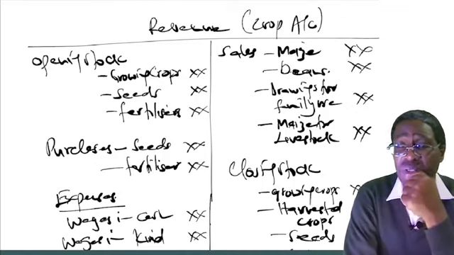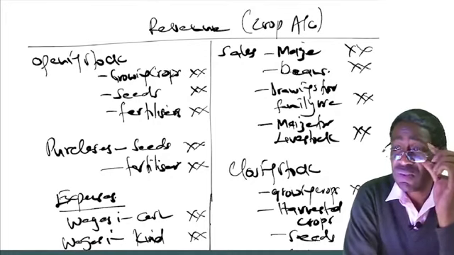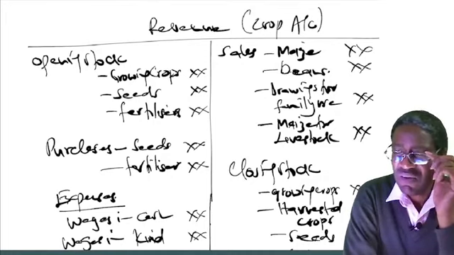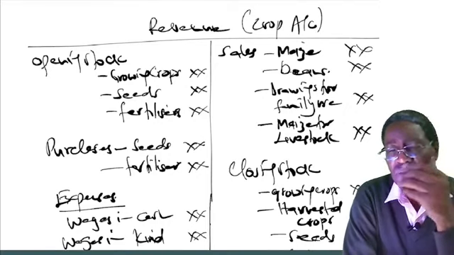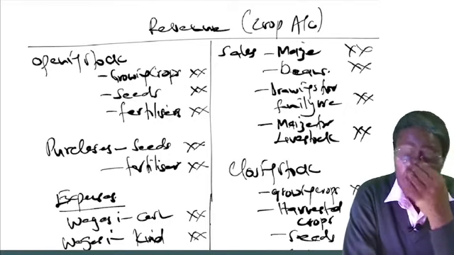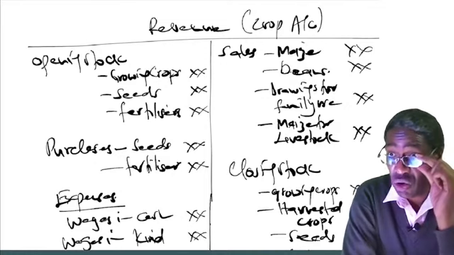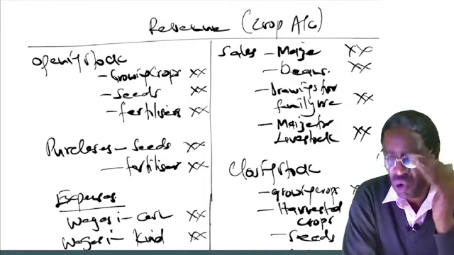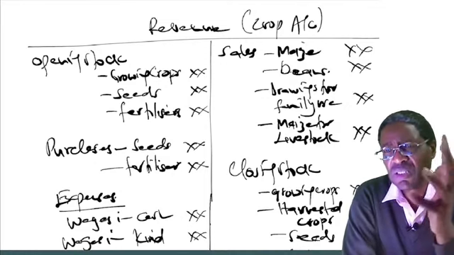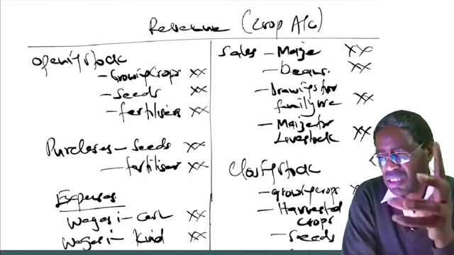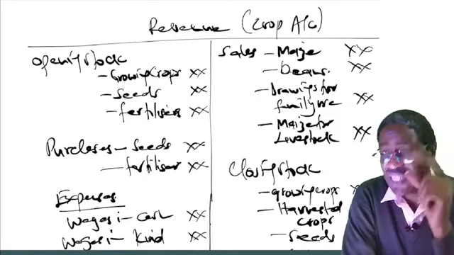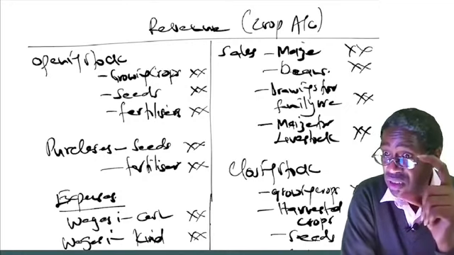On the left side, on debit, we start with the opening stock. I have said go through the question and identify any opening stock that relates to the crop. Could be growing crops, seeds, or fertilizers, whatever was there at the beginning.